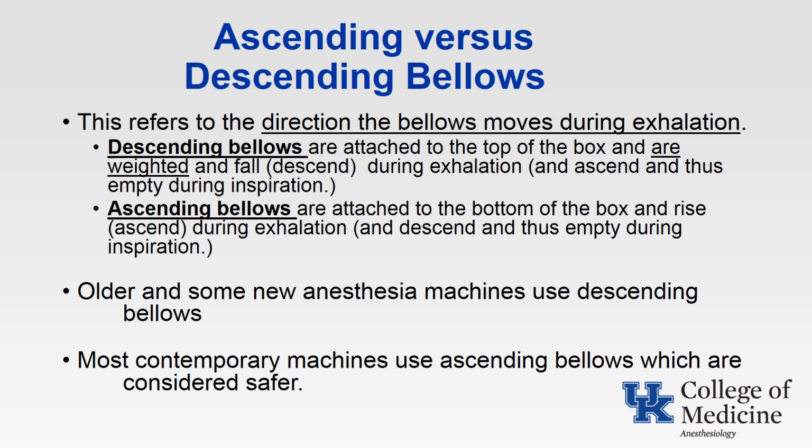Descending bellows are attached to the top of the box and are weighted and fall during exhalation. Ascending bellows are attached to the bottom of the box and rise during exhalation. Older and some newer ventilators and anesthesia machines use descending bellows, but most contemporary machines use ascending bellows, which are considered safer.